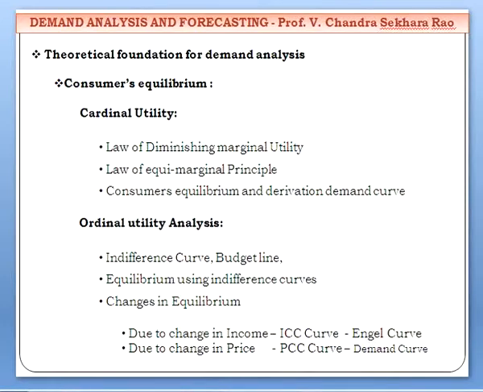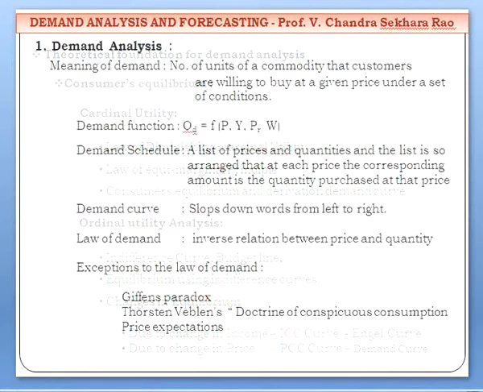That is, the consumer's equilibrium can be explained either with the cardinal approach or with the ordinal approach. The only thing is, in case of cardinal approach, we make the assumption that utility can be measured. So it is based on the assumption of measurable utility, whereas ordinal utility analysis was developed by removing that measurable utility assumption. That is the only thing. And using these two, we can derive individual consumers' demand, and we know that market demand is the summation of individual demands.